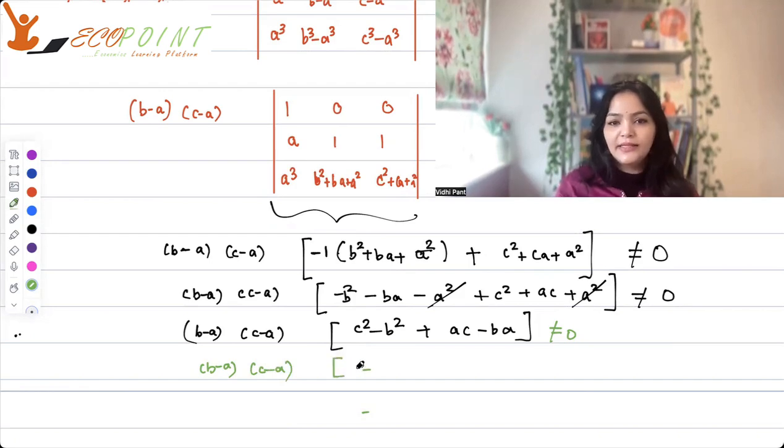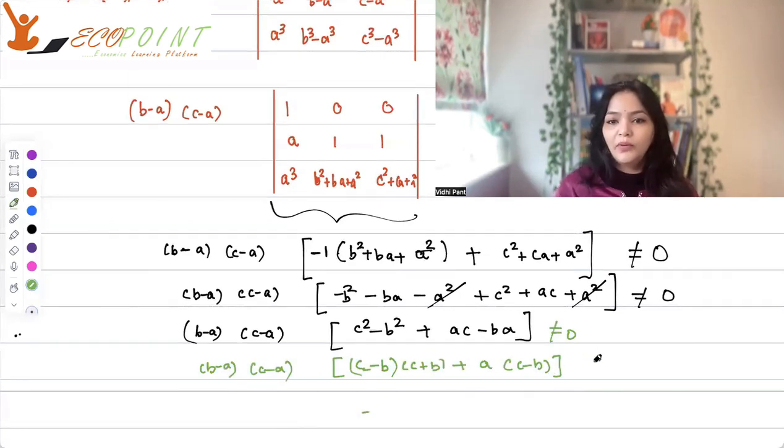And here what do I see? I see c square minus b square could be split as (c minus b) into (c plus b). And here you have, if you observe, a common, and c minus b, which means actually c minus b comes out as a factor.